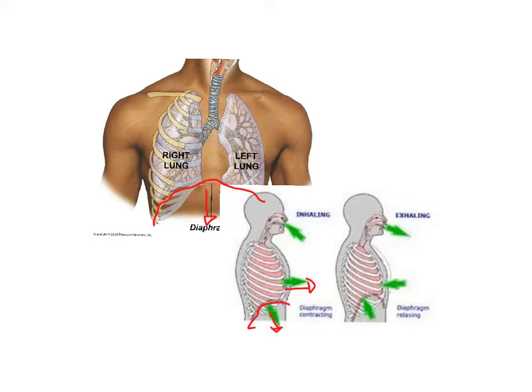You're trying to increase the volume of your chest cavity, and the only opening is up here at your mouth. So if you increase the volume, it's going to create negative pressure, which will draw air into the lungs, and that's inhalation, that's breathing in, okay? It's basically like pulling back a syringe.